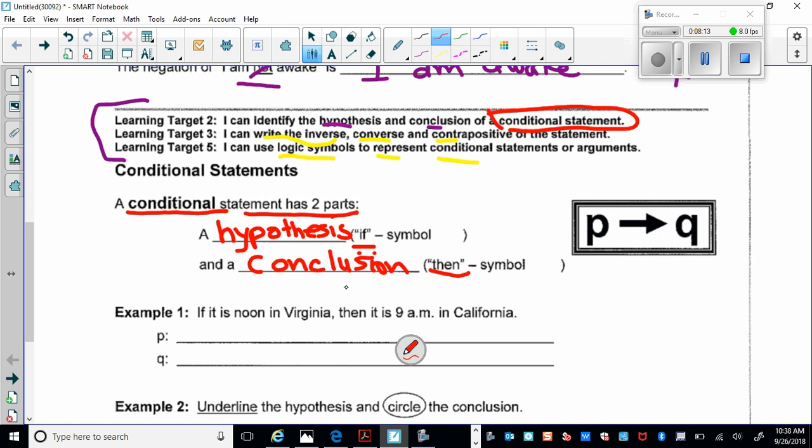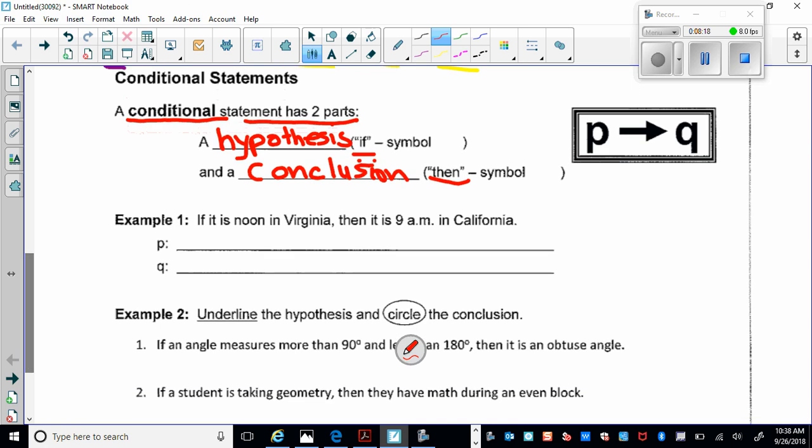a conditional statement, okay? So in this problem here, in example 1, you'll understand it more as we go, this statement says, if it is noon in Virginia, then it is 9 a.m. in California. See how there are 2 statements in it? The first one is, if it is noon in Virginia, and then I have, then it is 9 a.m. in California.